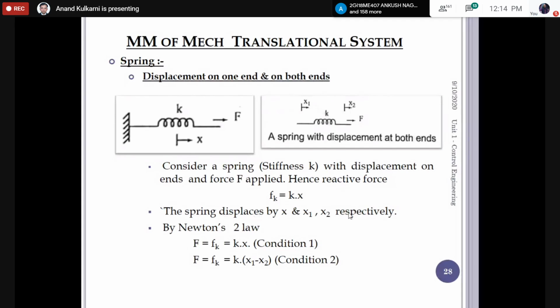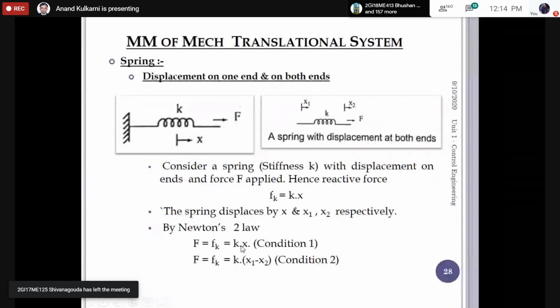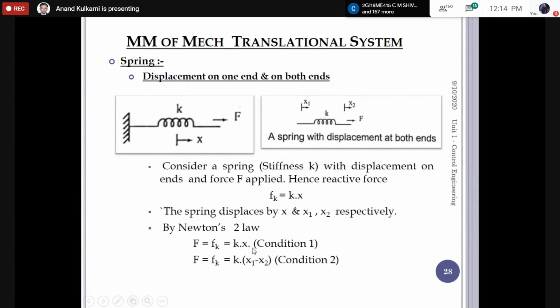So in the first condition, one end is fixed, displacement is X only. In that case, Fk, the spring load, is equal to spring stiffness multiplied by displacement X. In the second case, one end is moving with X1 and the other end with X2. So the net displacement is X2 minus X1 or X1 minus X2, depending on which is more.